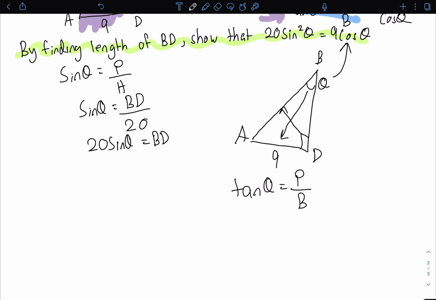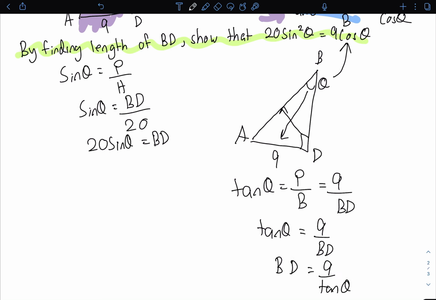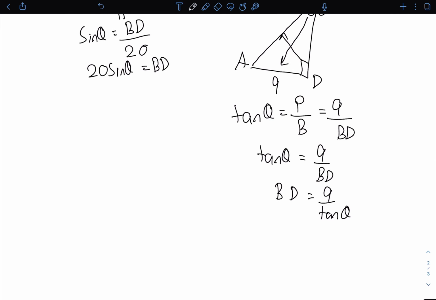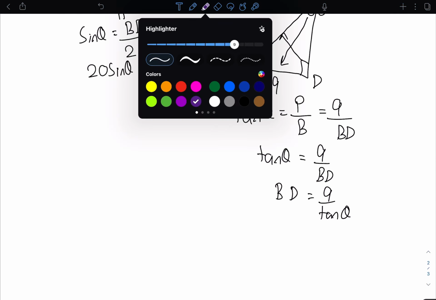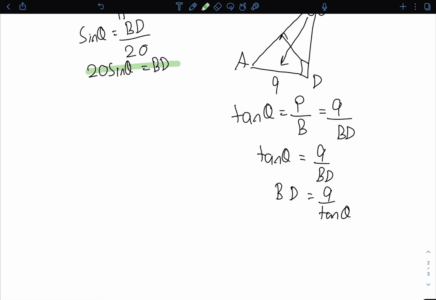What's the perpendicular? 9. What's the base? BD. So tan theta is equal to 9 over BD. I can move BD over there and move tan theta below. So that's the other value of BD. This is the first value that I found, and this is the second value that I found.